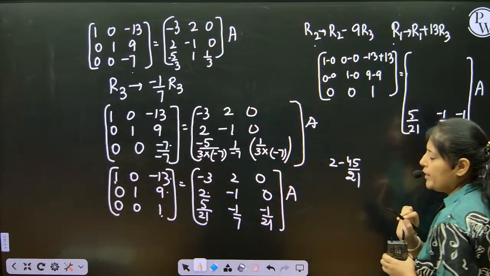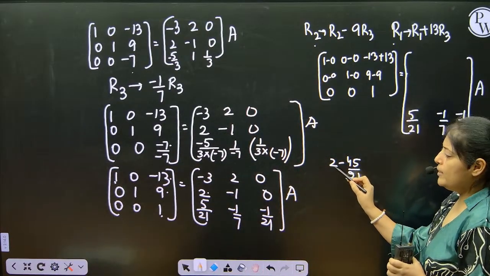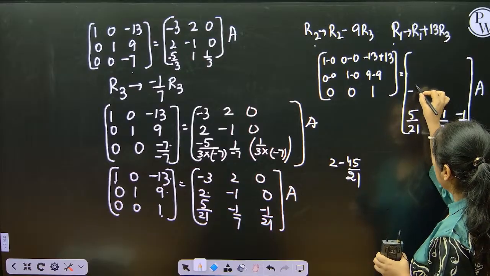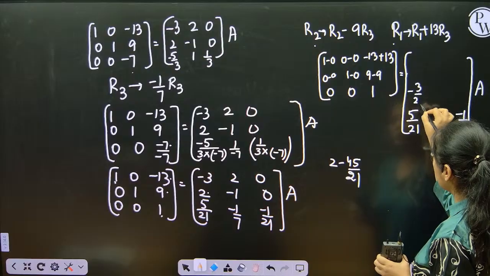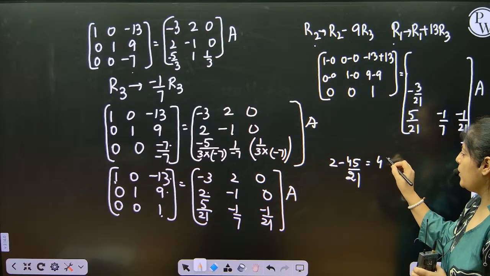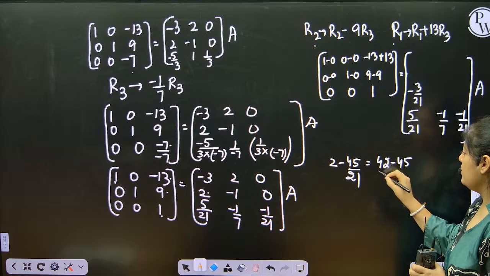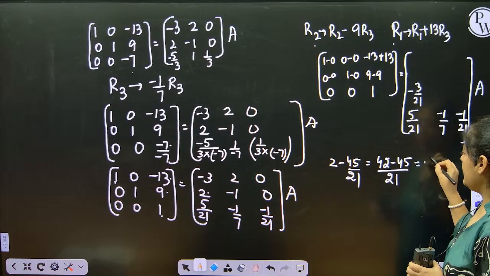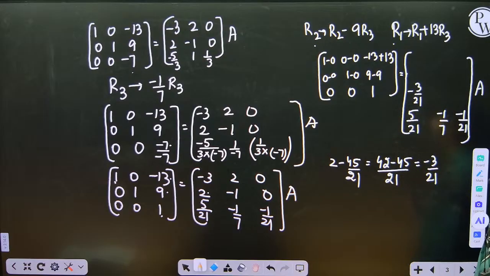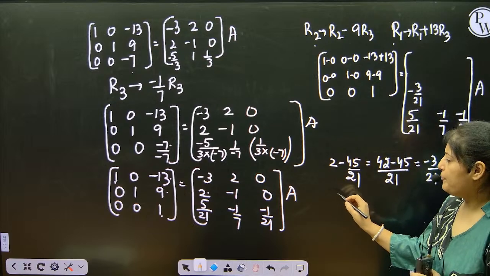This will become 42. 21 2s are 42. 42 minus 45 is minus 3 by 21. If I write, it will become minus 3 by 21. That element I have written here. It's a longer calculation, that is why I'm doing it separately now. That you also can do.